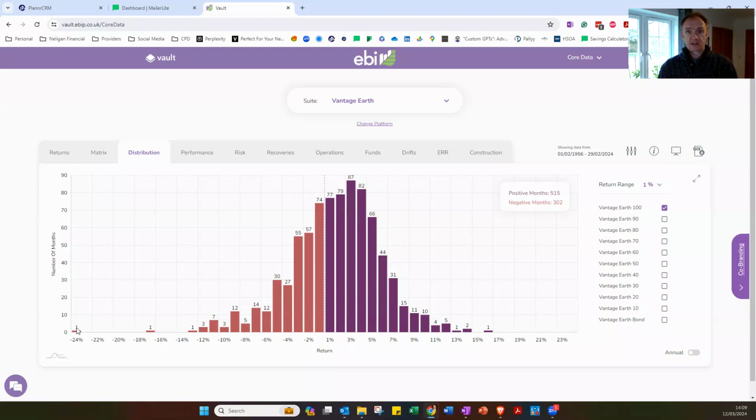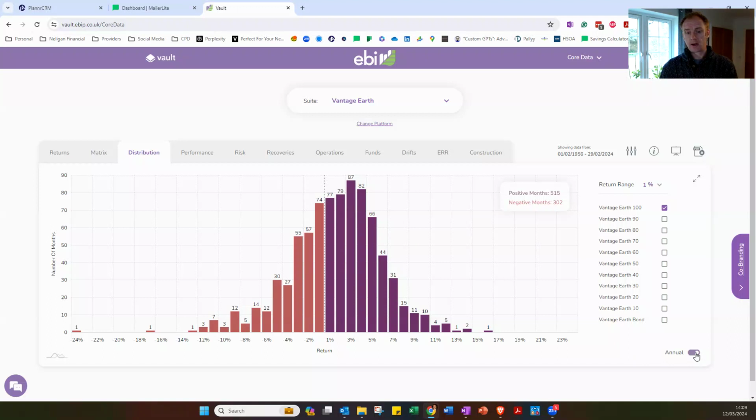We get some bigger, scarier numbers. So there's been one month, which I suspect was probably 1973, maybe 1974, when we had a 24% return. But again, by and large, the overwhelming majority have been positive. And the largest range of returns on a monthly basis is at 2 to 3%, with 87 occurrences of that.